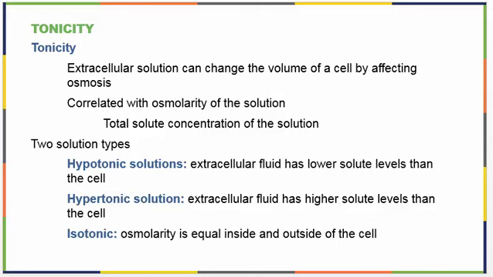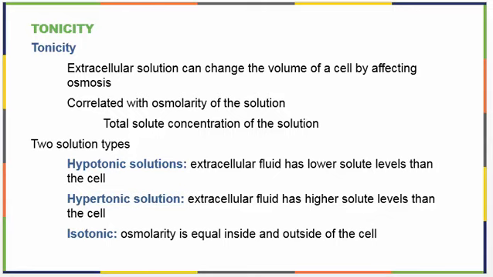So let's unpack some of those words. Osmolarity is a reference to how much solute there is. Tonicity is the tendency for extracellular solutions to change the volume of a cell by affecting the rates of osmosis. And this is all correlated with the osmolarity of a solution.